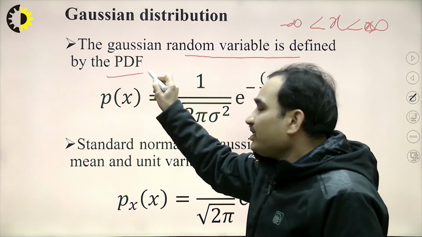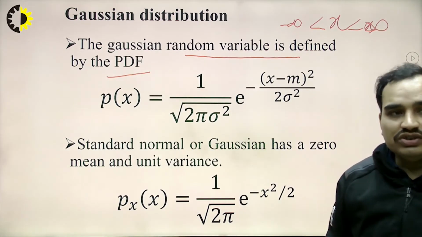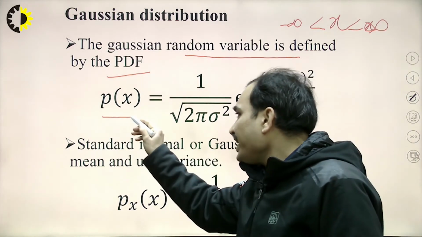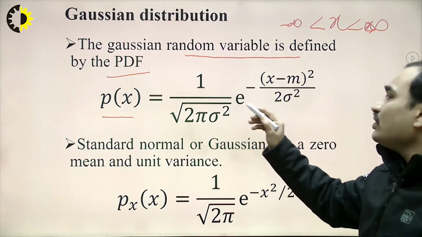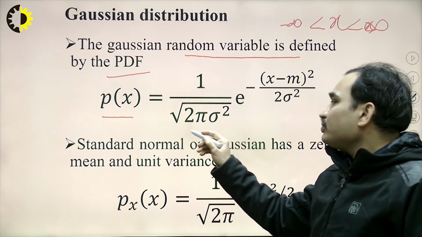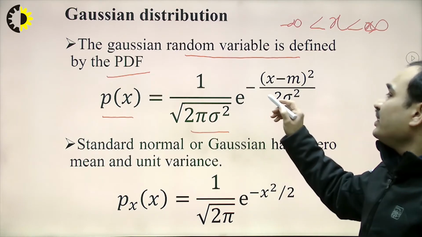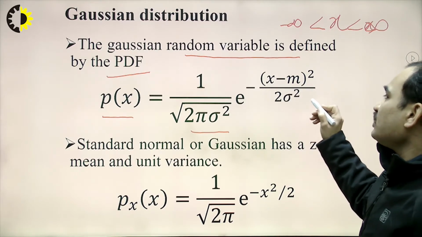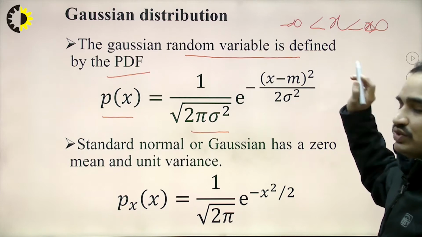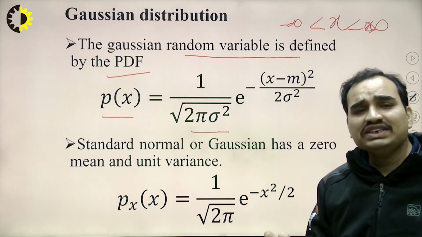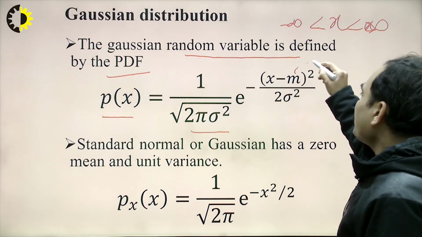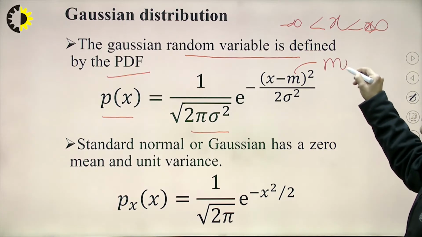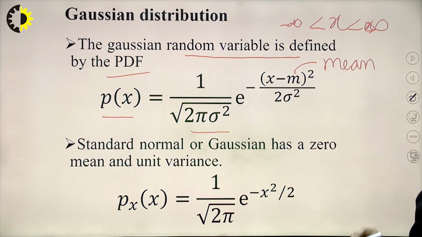for the PDF, that is the probability density function, that is p of x is equal to 1 by under root of 2 pi sigma square, exponential minus (x minus m) whole square by 2 sigma square. So, what is m? m is nothing but the mean of the random variable.